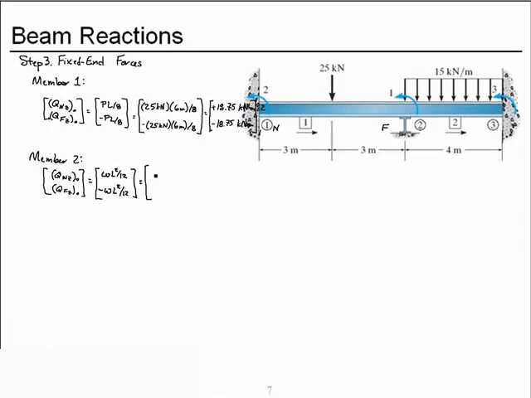And for member 2, where this is our near node and this is our far node, we have the 15 kilonewtons per meter times the 4 meter length squared divided by 12 and minus the 15 kilonewton per meter 4 meters squared divided by 12.